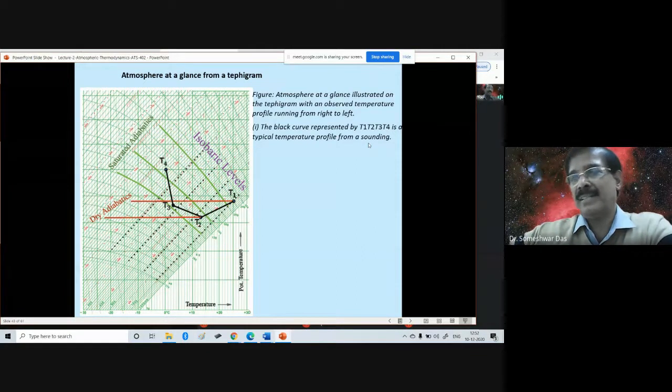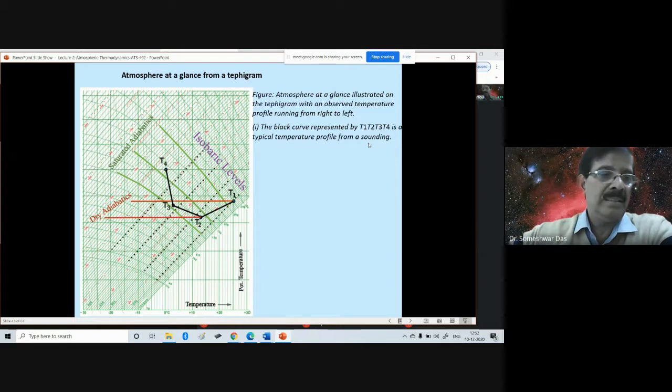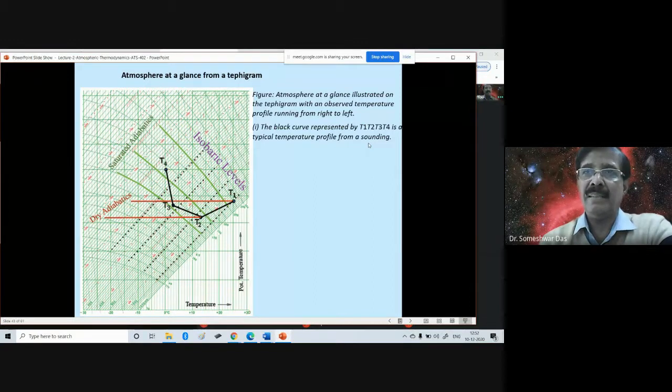For example, INSAT 3DR, which is the geostationary satellite of ISRO, is fitted with a vertical sounder. Not all geostationary satellites have a vertical sounder, because different satellites are launched for different purposes.